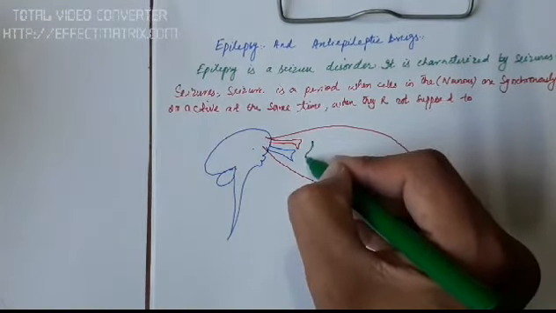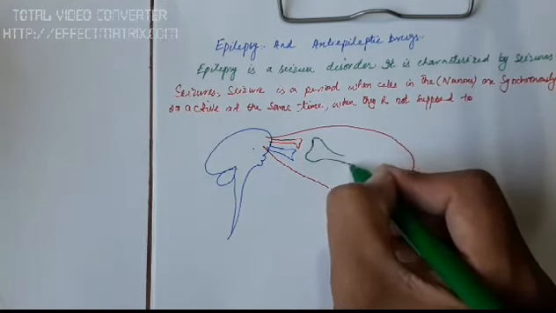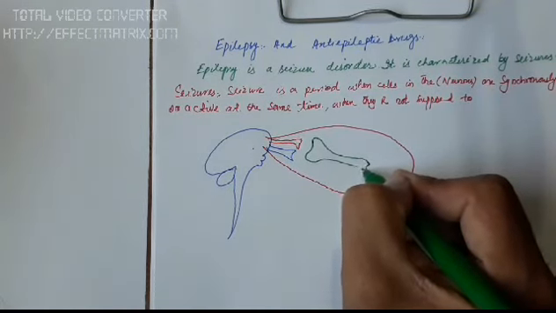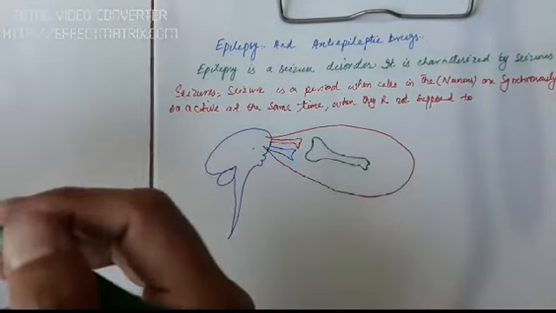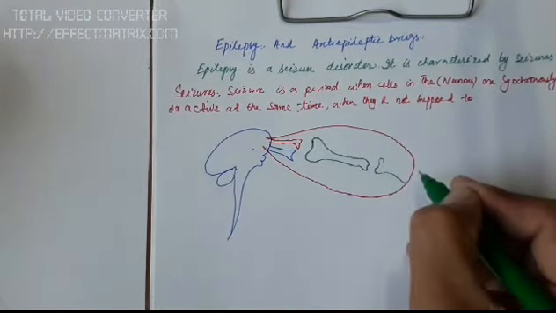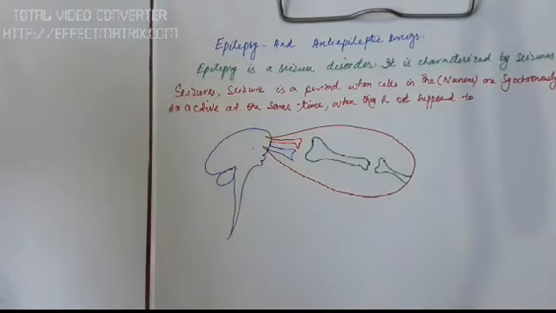This is another motor neuron which is attached to further neurons in the central nervous system.